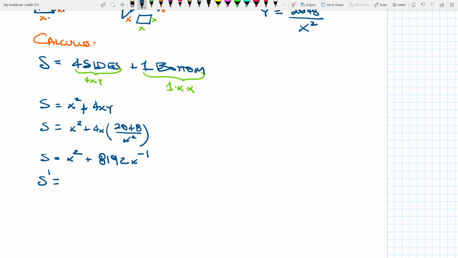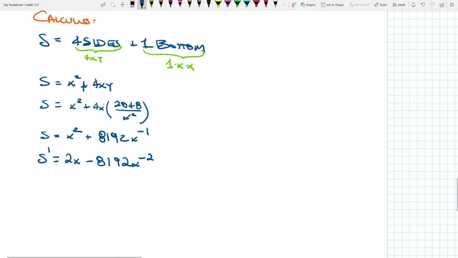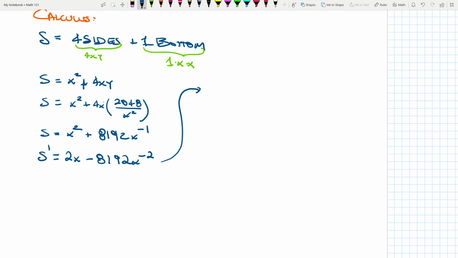S prime, the derivative, is 2x minus, well, let me make this x look like an actual x. Sometimes it doesn't work. So 2x minus 8192 x to the negative 2. We subtract 1 from the exponent, and let's set the derivative equal to 0.